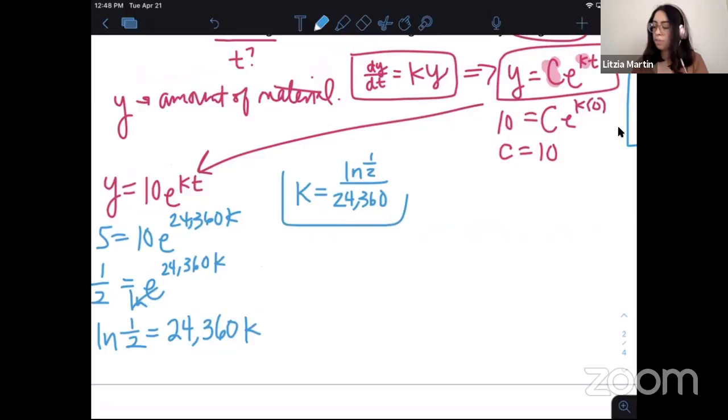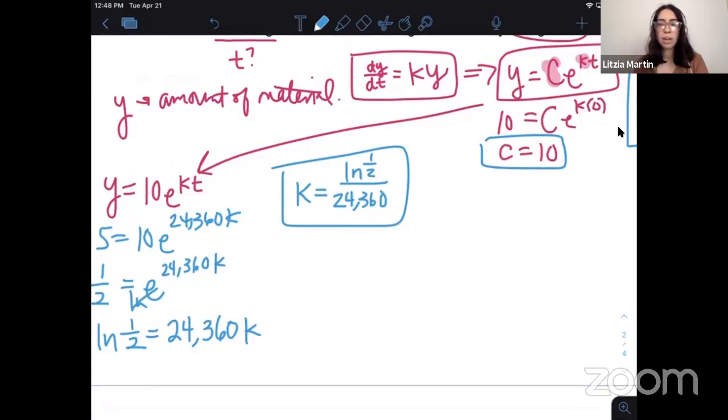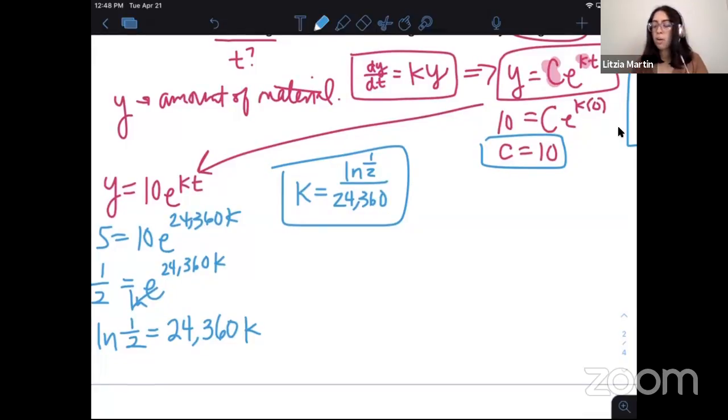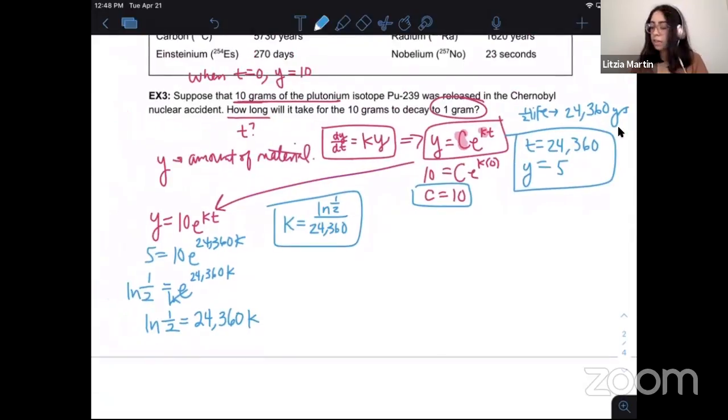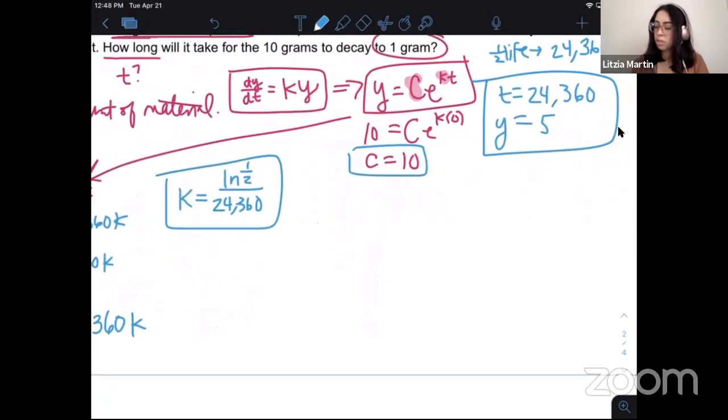We have figured out what c is. We can go ahead and plug that into our equation, and then that way we have something that we can actually solve for t now. And I'm going to do a different color here.